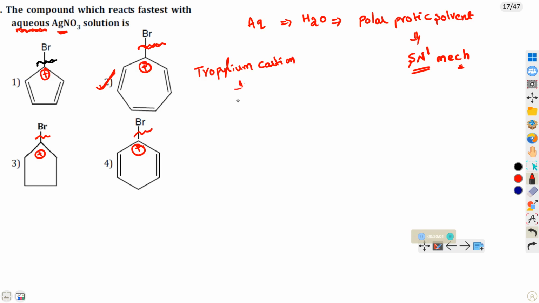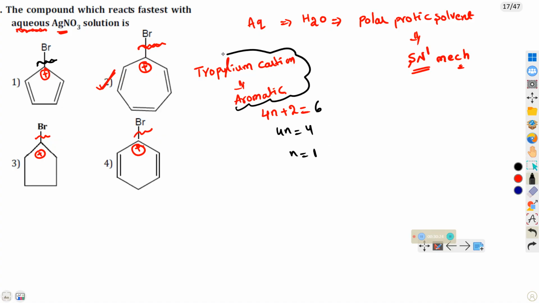It is aromatic. How is it aromatic? Every carbon atom undergoes sp2 hybridization and it follows the 4n plus 2 pi electron rule. 4n plus 2 is equal to 6. 4n is equal to 4. n is equal to 1. Because tropylium cation is aromatic, it is resonance stable.